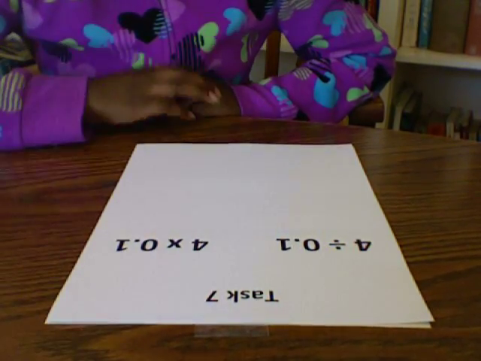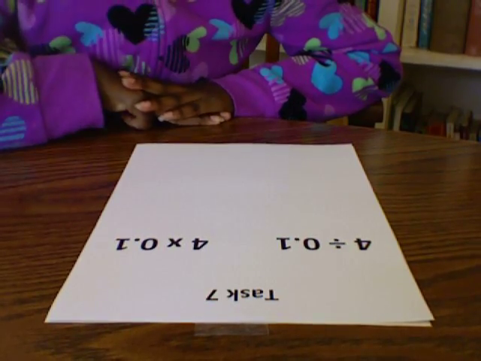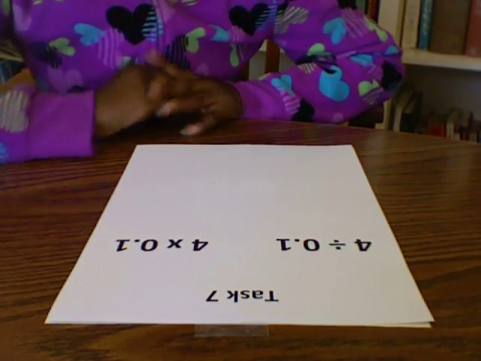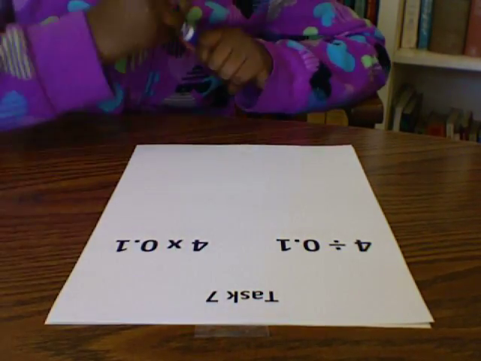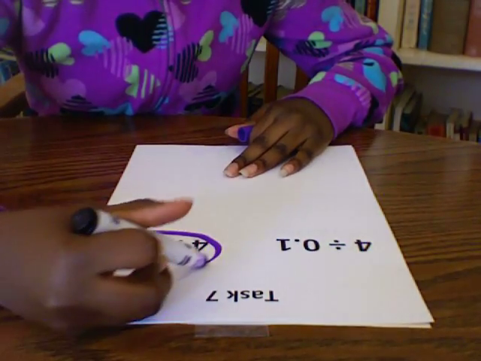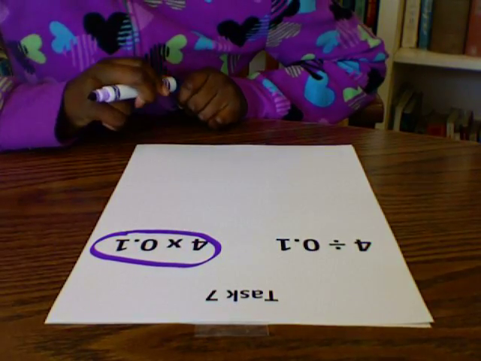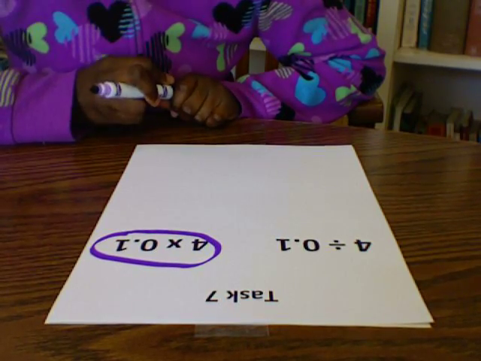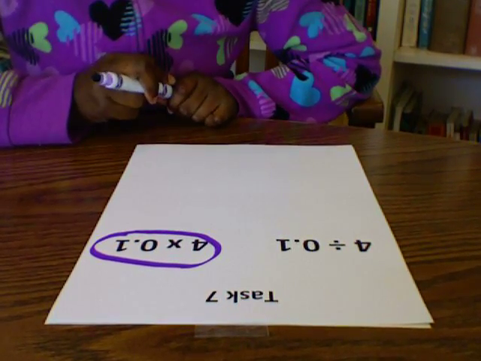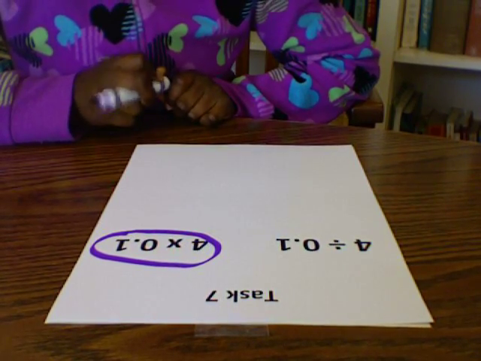Okay, so looking at these two problems, which number would give you the bigger answer? That one. Circle that one for me. How did you know? Because multiplication and addition give you a greater value, and division and subtraction give you a number that should be less than.